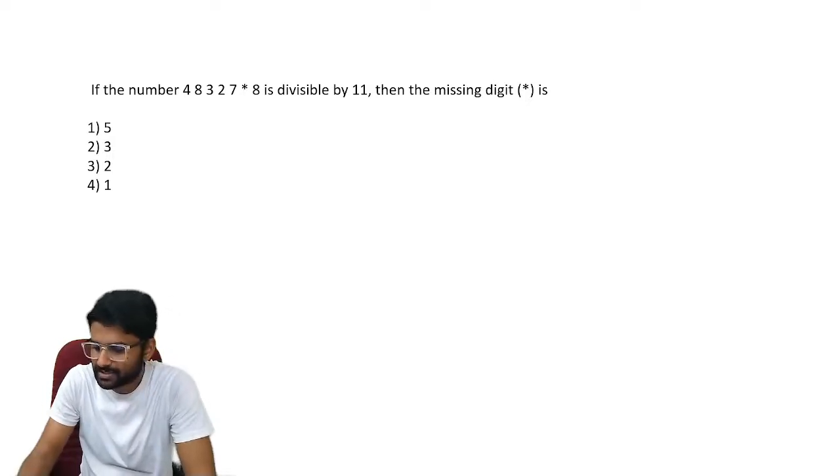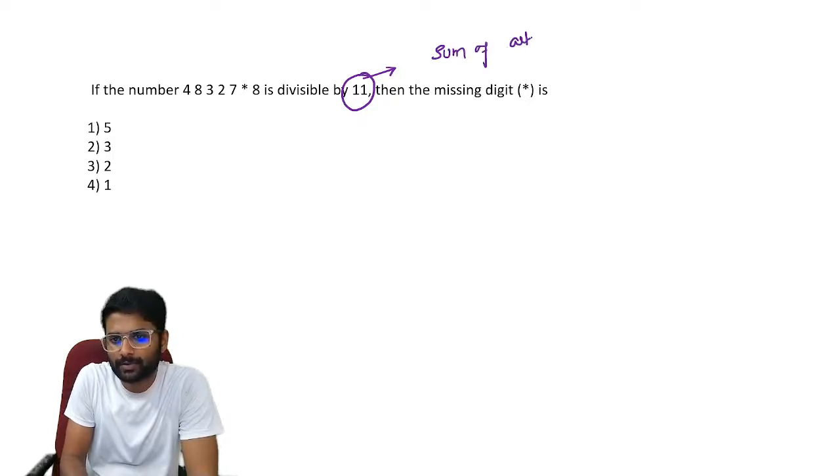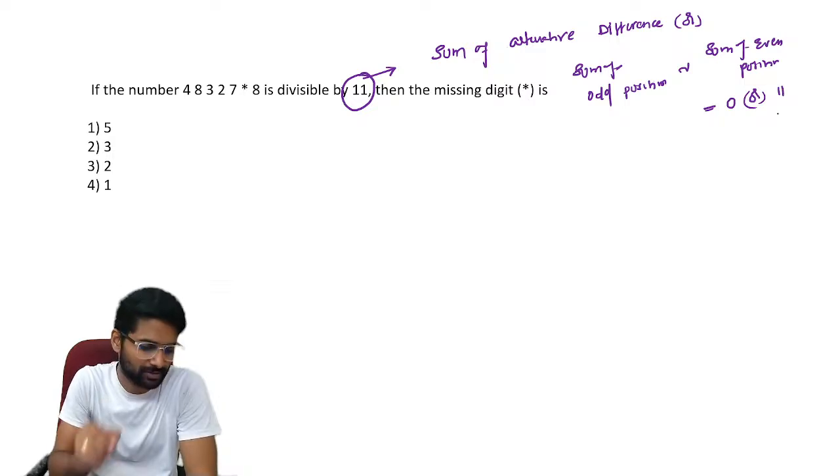Now see, this question completely depends on the divisibility by 11 property. Divisibility by 11 says that the sum of alternate digits, that is the difference between the sum of odd positions and the sum of even positions, should be either 0 or a multiple of 11.